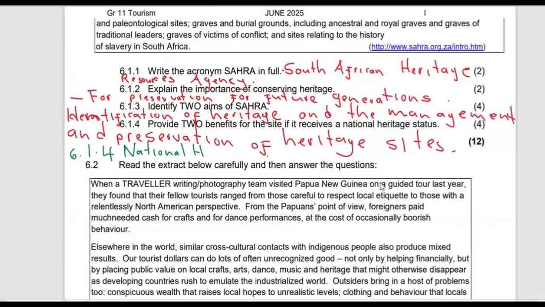National heritage sites attract more tourists, generating income.